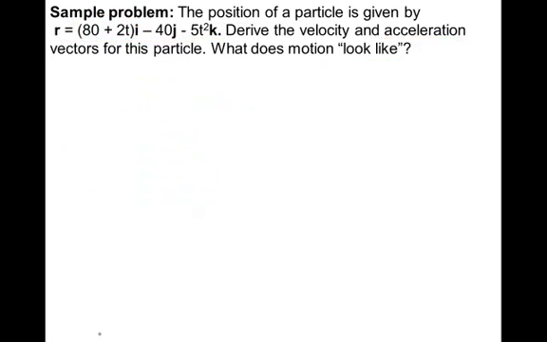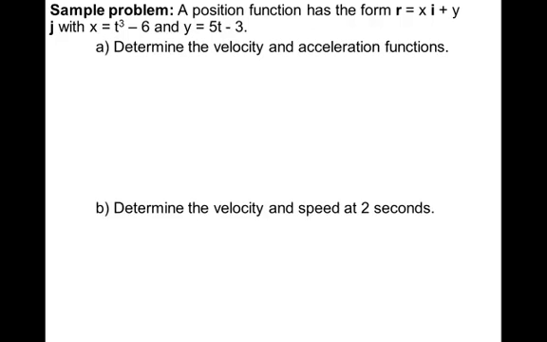Okay, and finally, let's say we're given a position function in this form. r is equal to x i plus y j. So this j is kind of missing. Let's make sure we put it there. With x is equal to t cubed minus 6 and y is equal to 5t minus 3. So really, it's written like this.